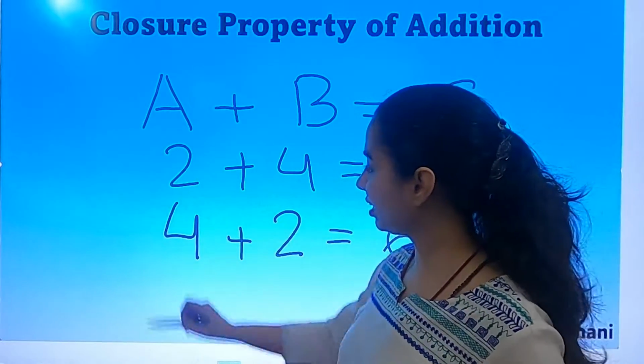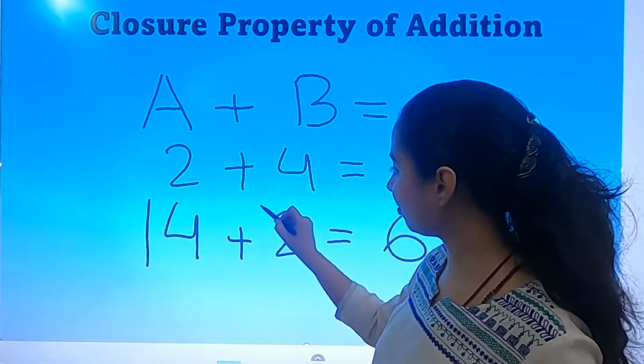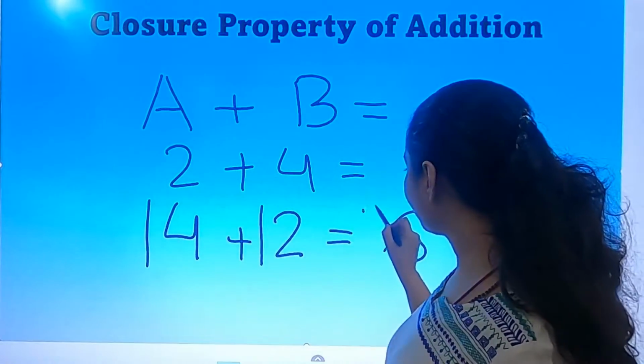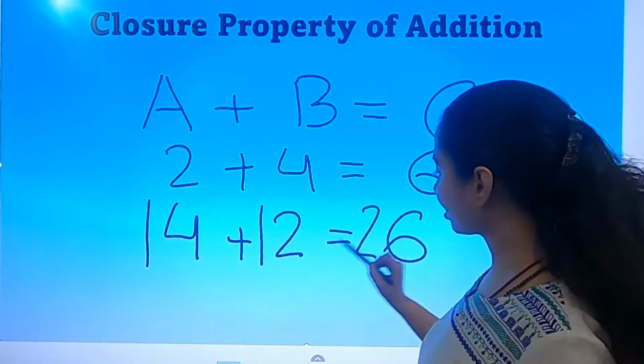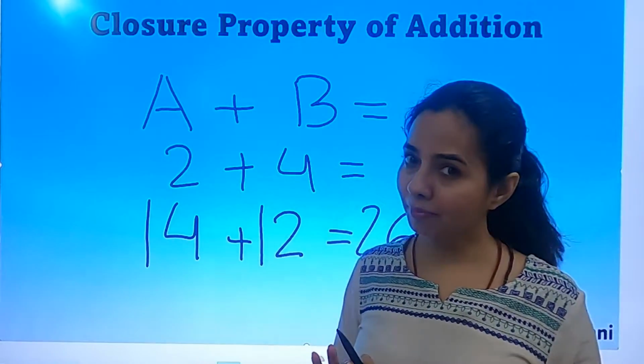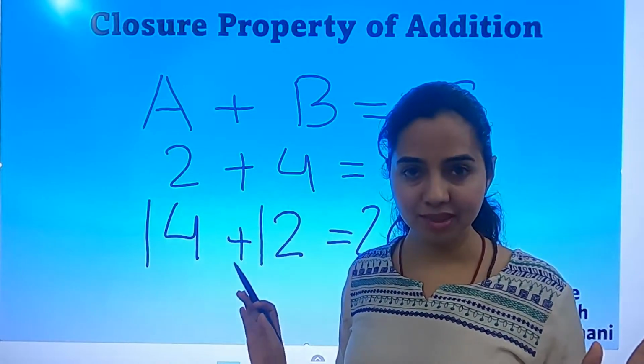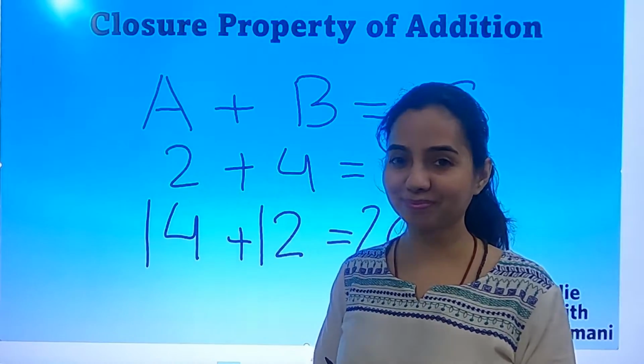Suppose we take 14 plus 12, it will still hold true. Then it will be 26. All these 3 numbers are whole numbers. Closure property. No one is going anywhere. Sab whole numbers ke hi paas hai.